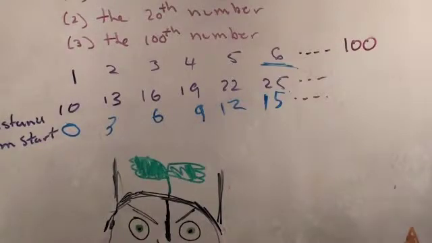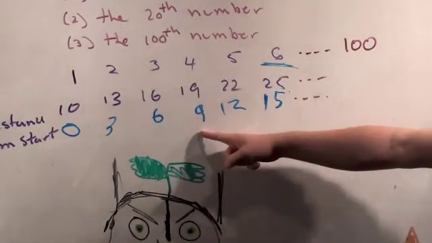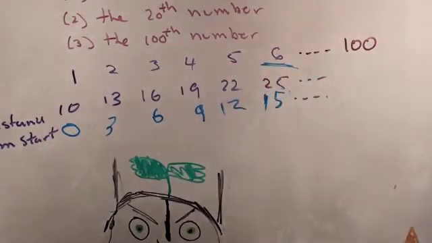How many threes did the fourth number use? 3. How many threes did the fifth number use? 4. How many threes did the sixth number use? 5. How many threes is the 100th number going to use? 300. How did you figure that out? I did 100 times 3.